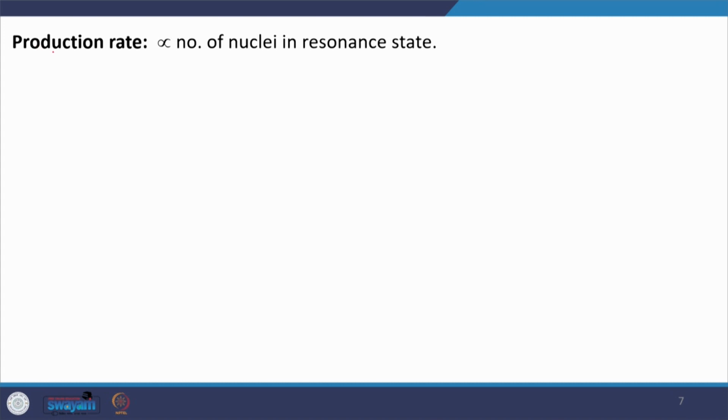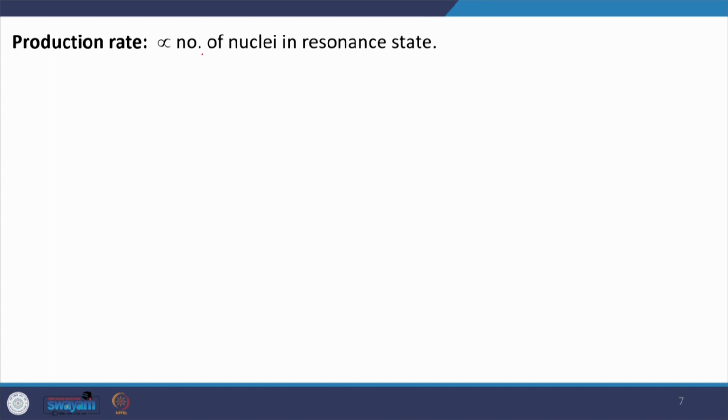So it will have enough time to react with other nuclei before coming to the ground state. I am talking about this reaction between the other nuclei and the compound nuclei in the excited state, not after reaching the ground state. Then how do we find such a number? Let me take the production rate and the decay rate.